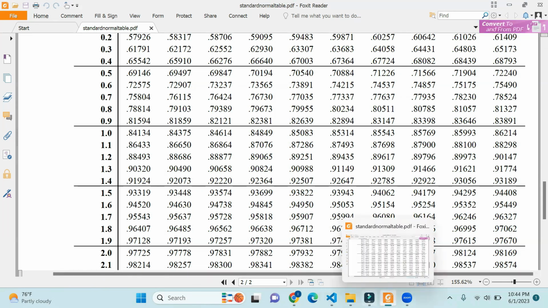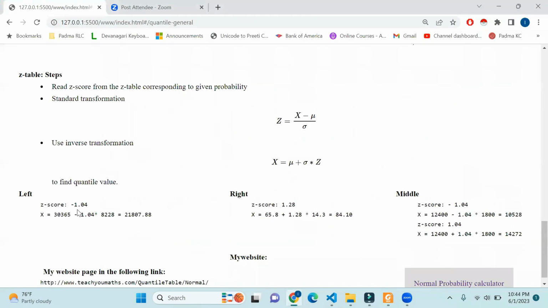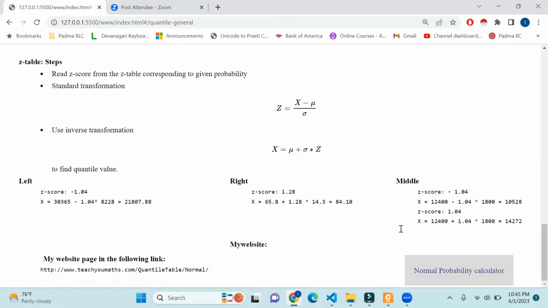Let's compute these quantiles. Corresponding to z-score negative 1.04, the quantile value is 21,807.88. Corresponding to z-score 1.28, the quantile is 84.10, and corresponding to z-score of 1.04, the quantile value is 14,272.